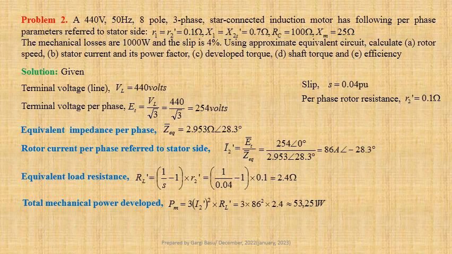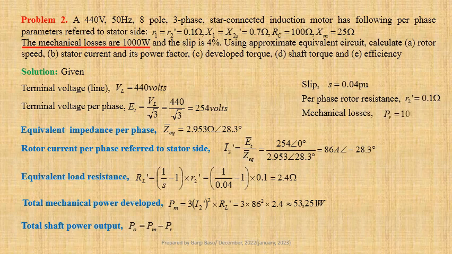Now we shall determine total shaft power output. PO equals PM minus PR. Given mechanical losses, PR equals 1000 watts. Therefore, PO equals 53,251 minus 1000. That gives us 52,251 watts.